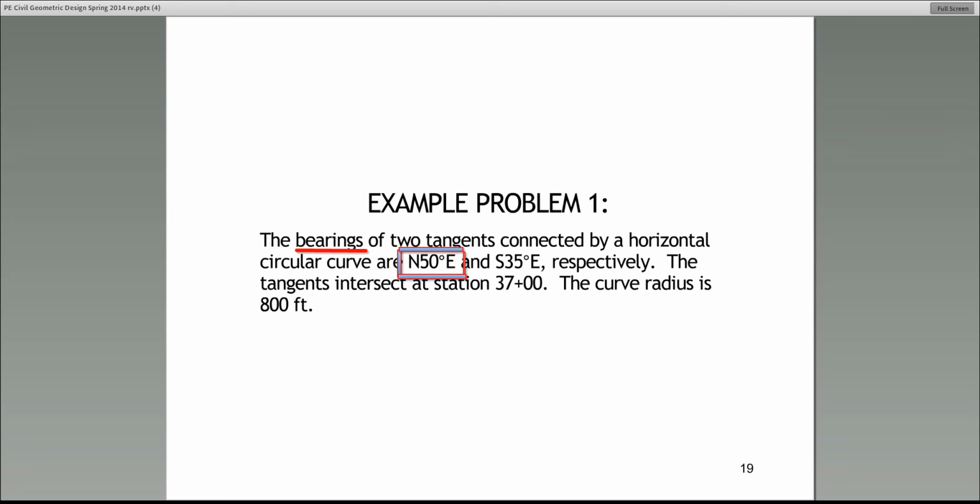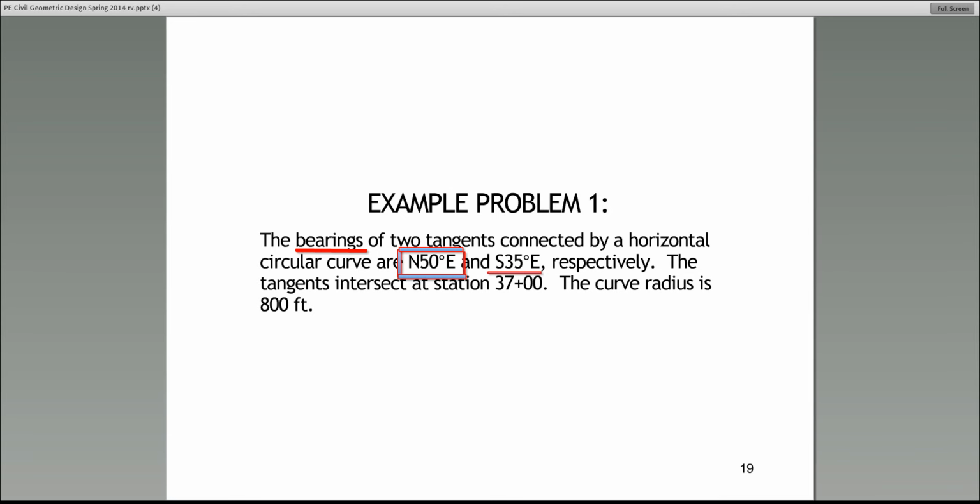That's the back tangent. And the forward tangent has a bearing of south 35 degrees east. The tangent intersects at station 37 plus 00, and the curve has a radius of 800 feet.